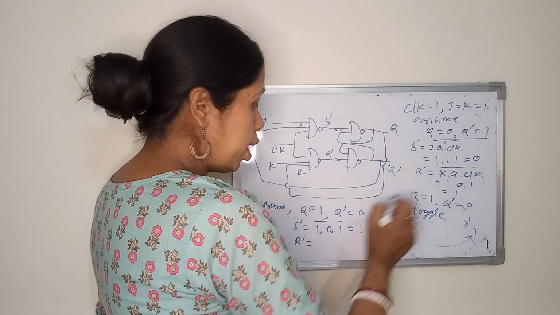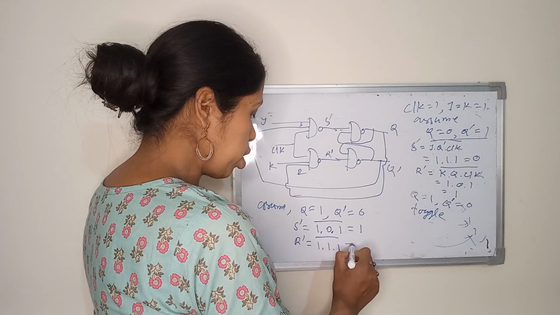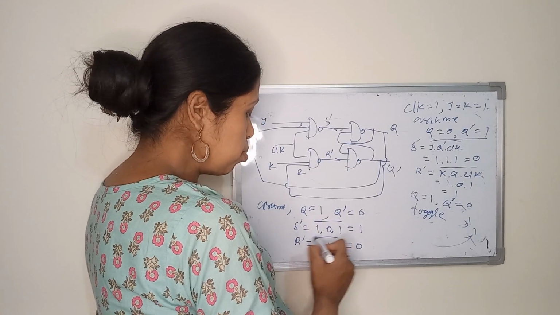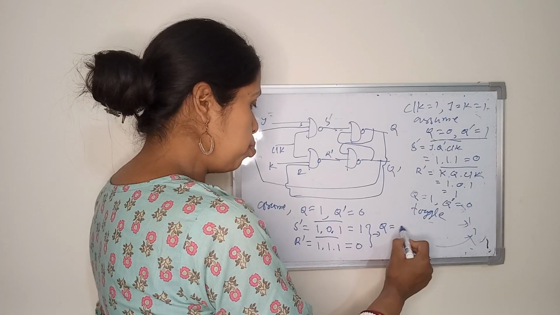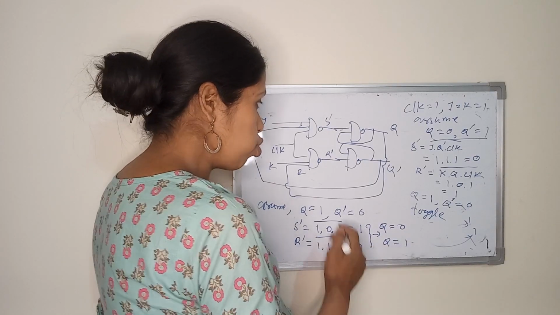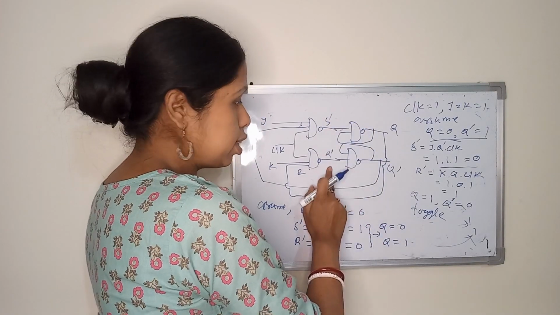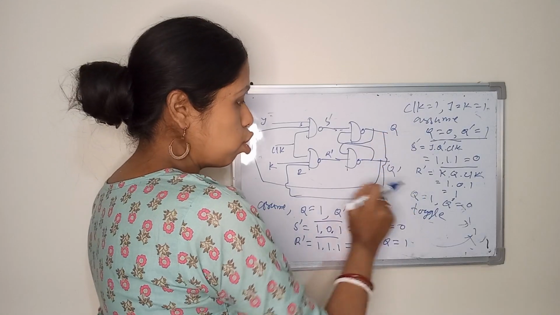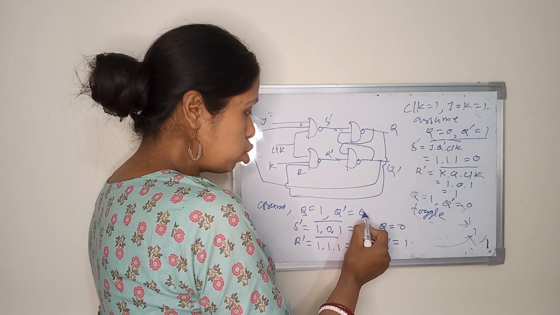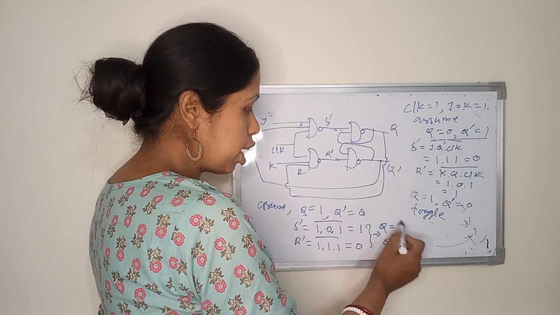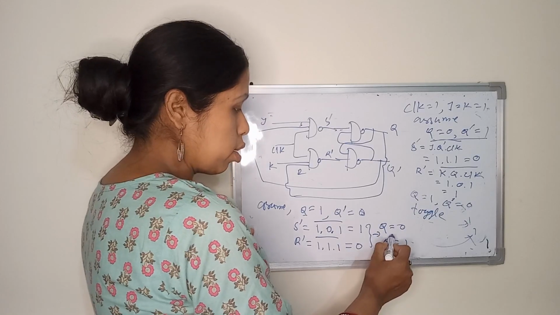Your K is 1, Q is 1 and clock is 1, so R prime is 0. With S prime 1 and R prime 0, Q will be 0 and Q prime is 1. So that means these are my past values, and it toggles to the present value. 1 is changed to 0 and 0 is changed to 1.